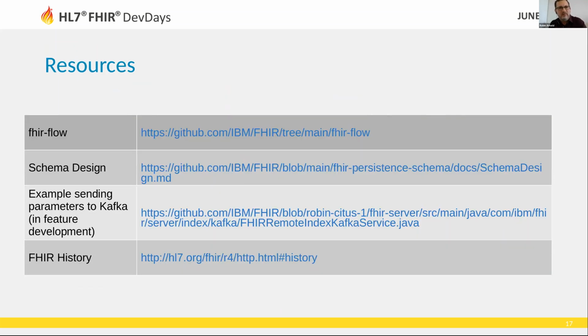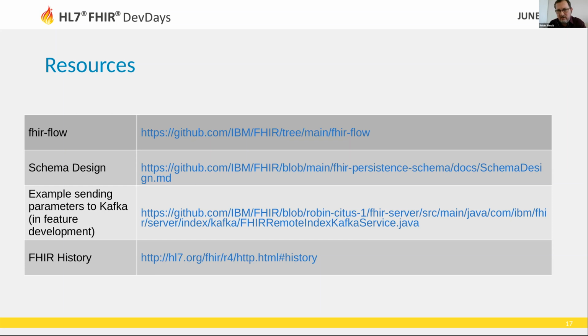So just to wrap up, I've posted here a link to some resources that hopefully you may find useful. We've got Fireflow, which is the project that I mentioned, that's out on GitHub. Our schema design, I didn't really talk about much, but that is documented there. There's also an example project that's currently in feature development.